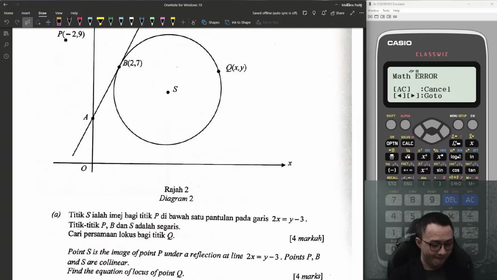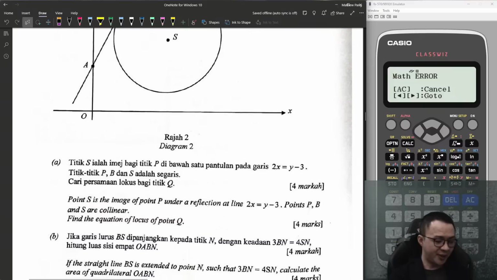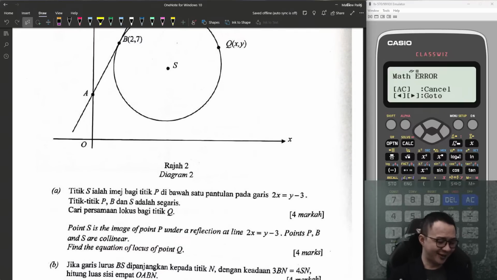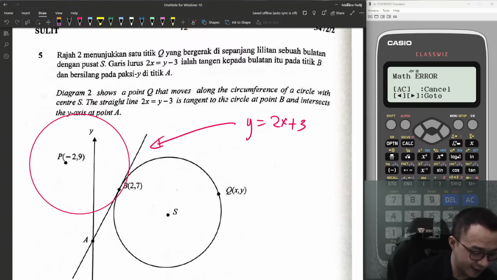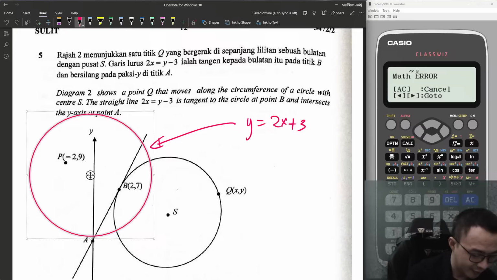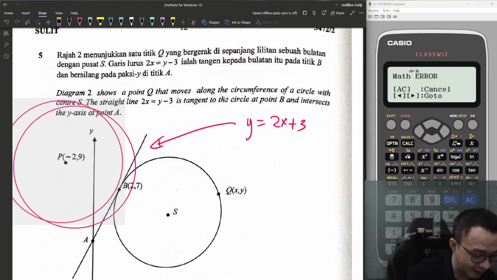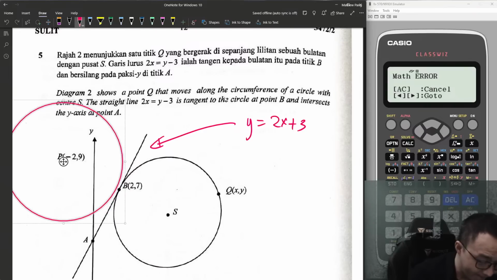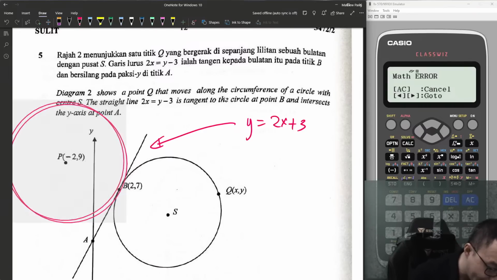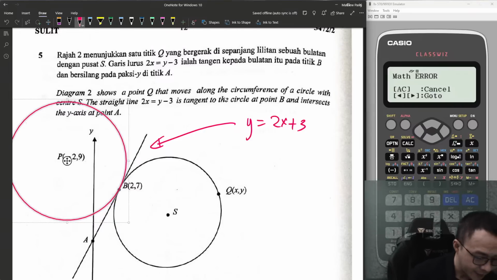So point P, B and S are collinear. Alright, a lot of information. So supposedly we should have another similar circle here. I try to make it as similar as possible. Make it a little bit smaller.